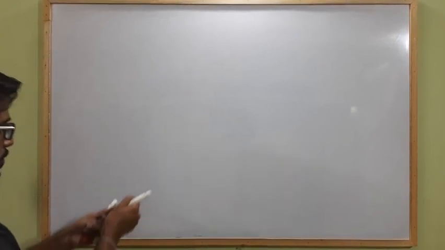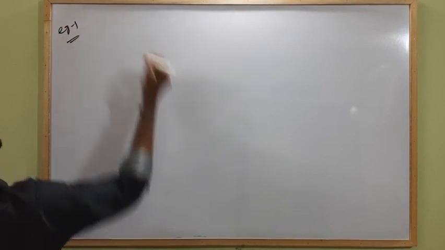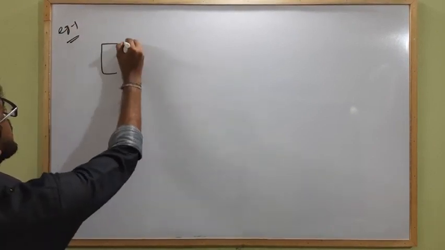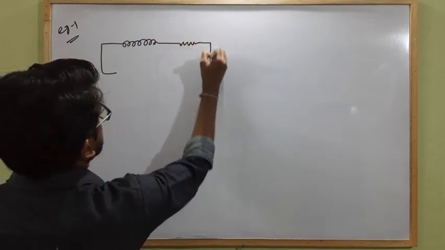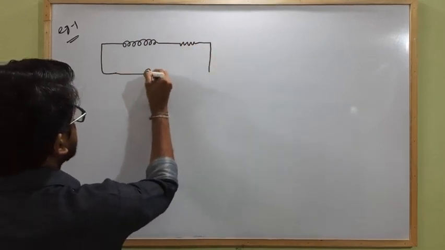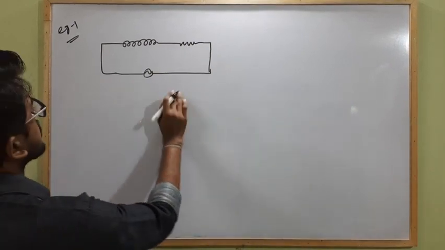So in a given circuit, example number 1, it's a circuit which has an inductor and a resistor connected across an alternating EMF source.